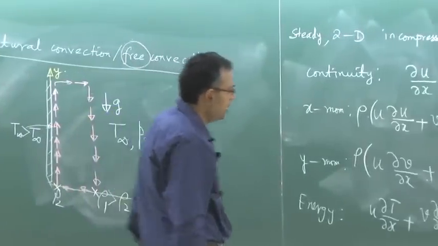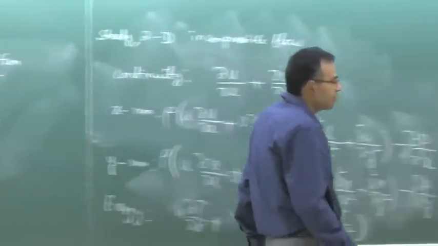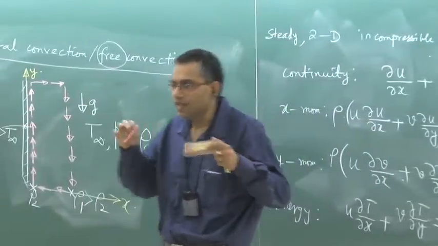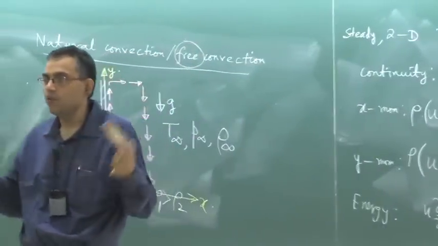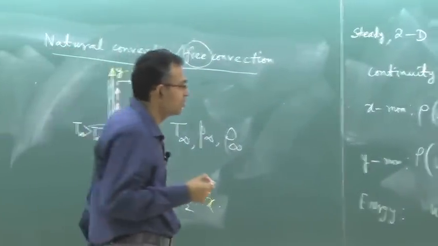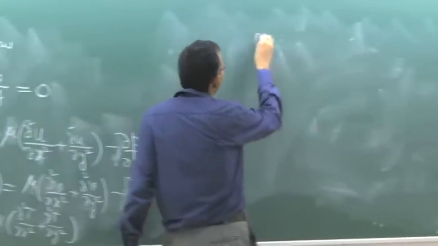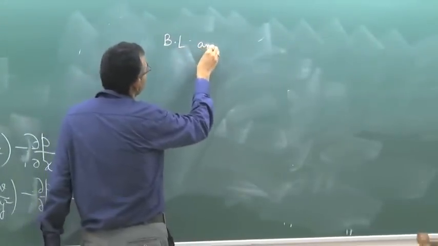Now the question is, can we make certain simplifications? Of course we cannot decouple this, but just for further analysis, can we make certain simplifications? So one simplification is the boundary layer analysis.